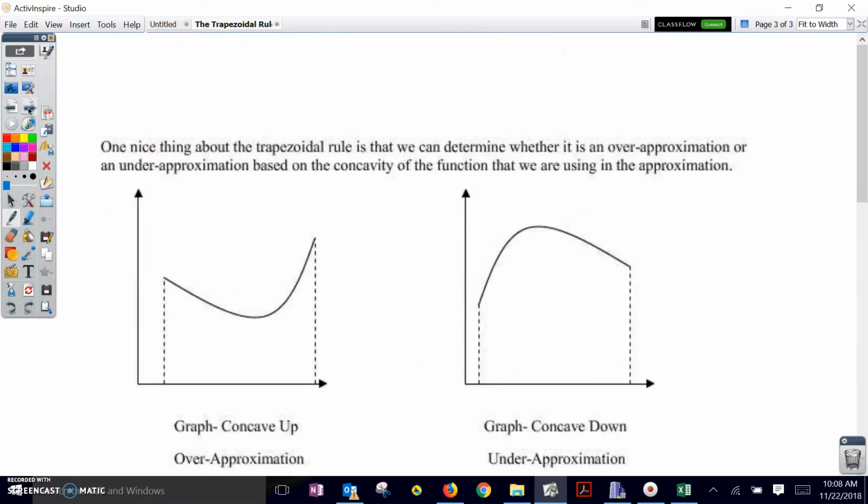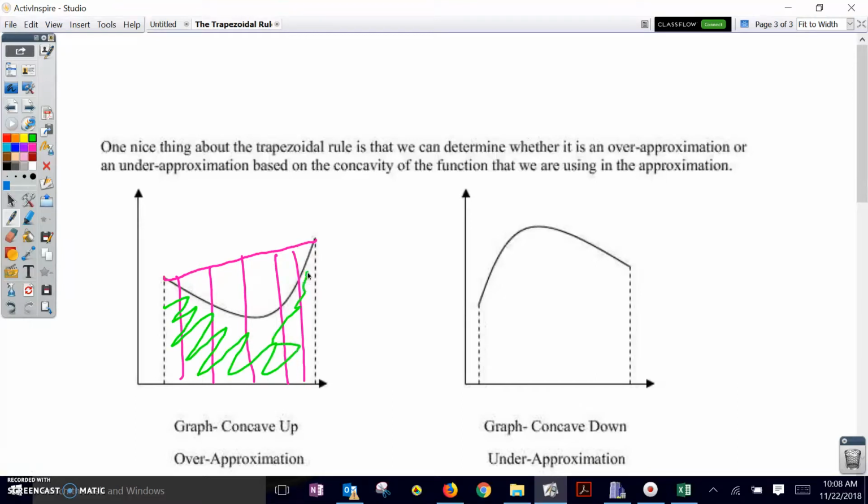One thing about the trapezoidal rule is when we put trapezoids under a curve, we can always determine whether it's an over-approximation or an under-approximation based on the concavity of the function. To keep this simple, here's a curve that's concave up. If I put just one trapezoid underneath this, notice that the area of the trapezoid is greater than the area under the curve.